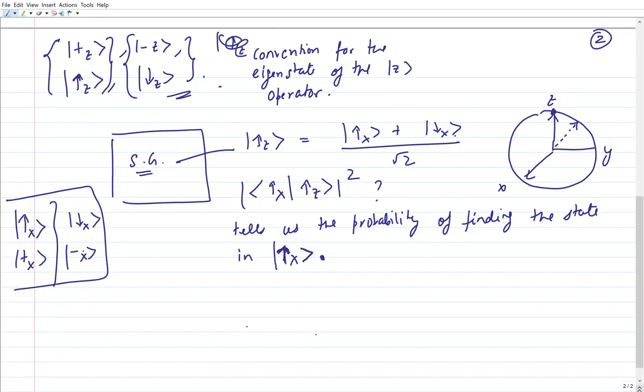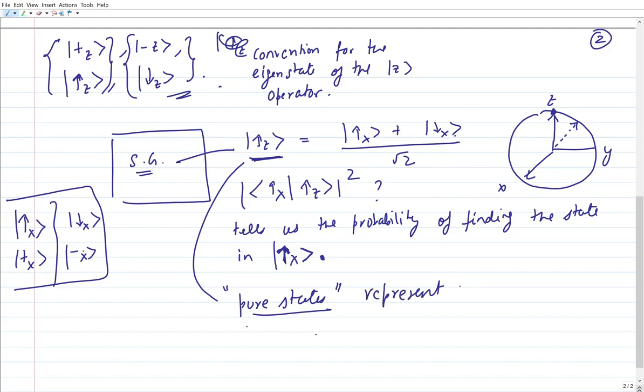Okay, so far I was preparing this as a pure state, and what I call pure states were essentially these state vectors, which as we've already seen represent states with maximal knowledge.